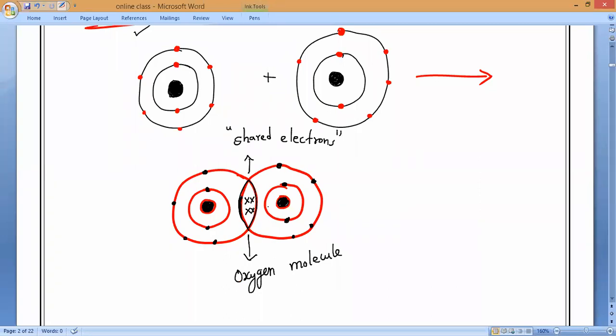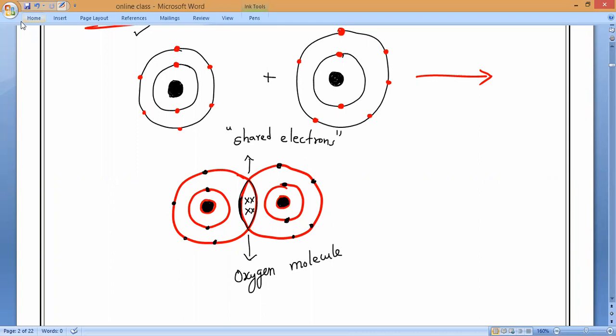So they share 2 electrons each, and finally they become stable in nature. Is it okay? So you have to remember this. Clear? Yes, sir. This is how it happens.